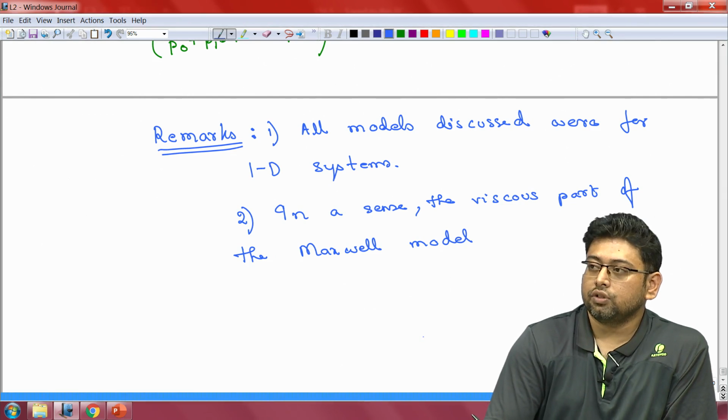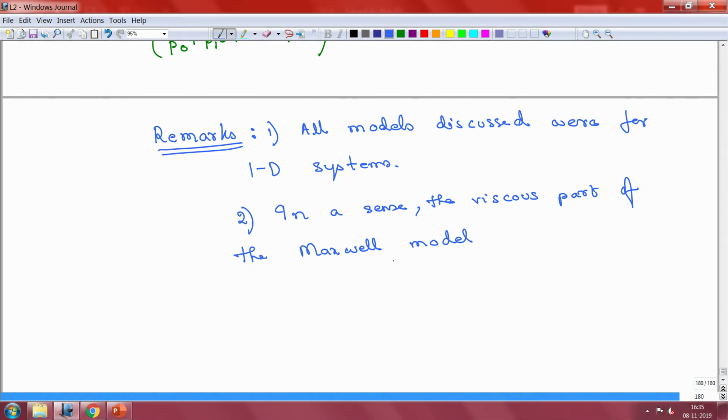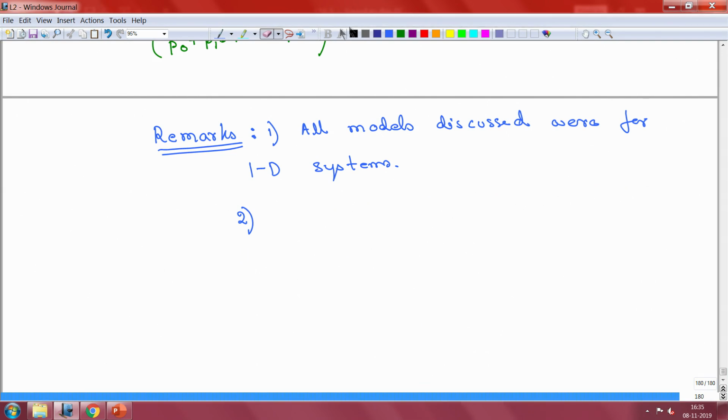So, the viscosity etc. were assumed to be constants at all different shear rates. So, the second point is that in the Maxwell model that we discussed, please remember that the E1 and etas are actually constants, right.